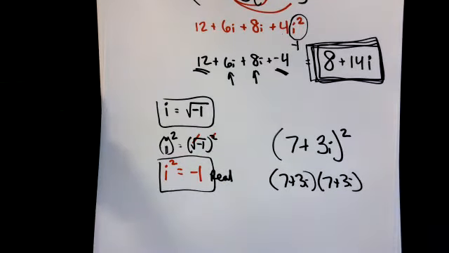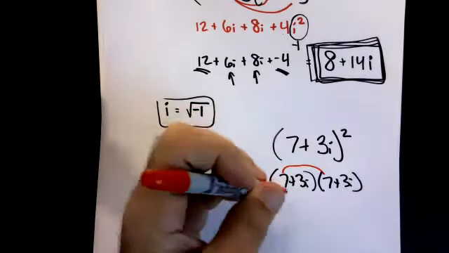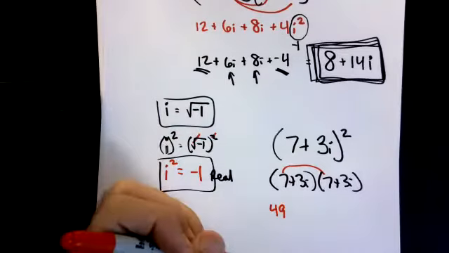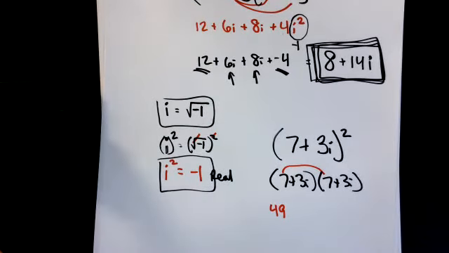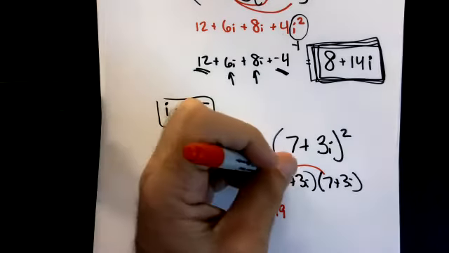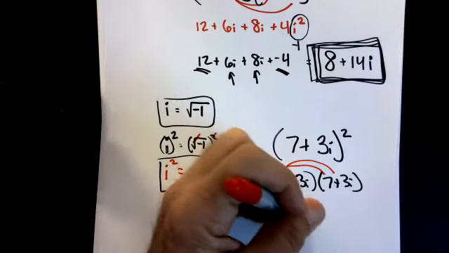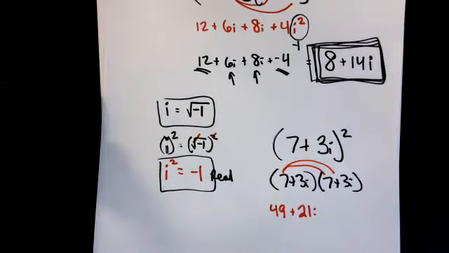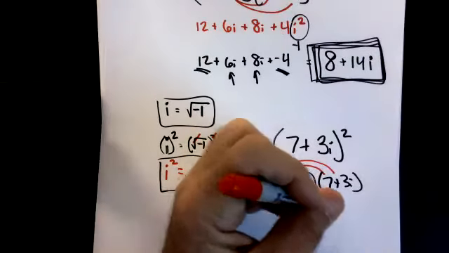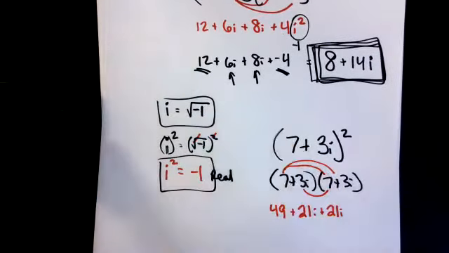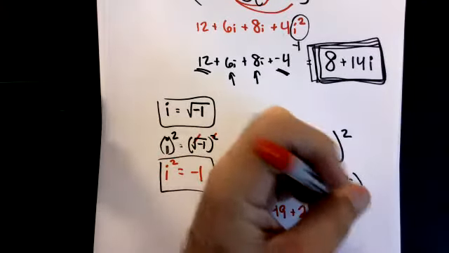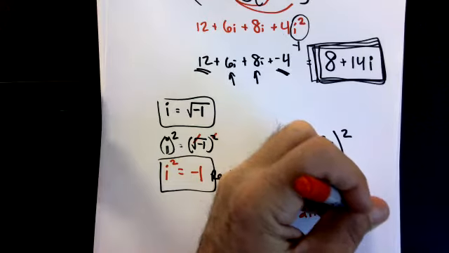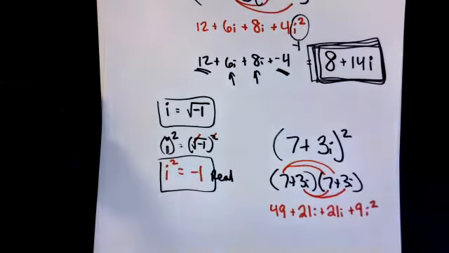And again, when we multiply, that means distribution. 7 times 7 is 49. 7 times 3i is 21i. 3i times 7 is 21i. And 3i times 3i is 9i squared.